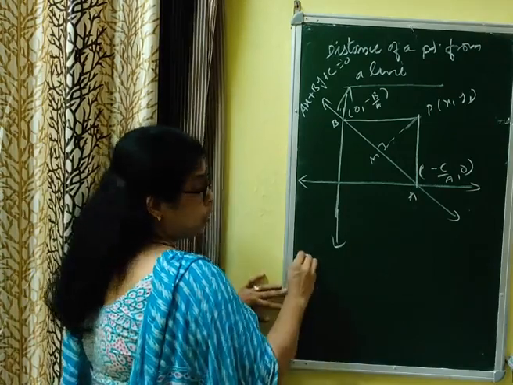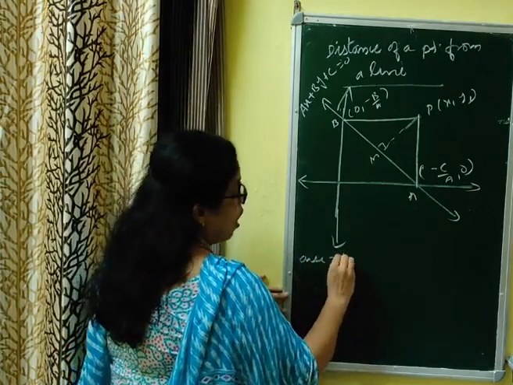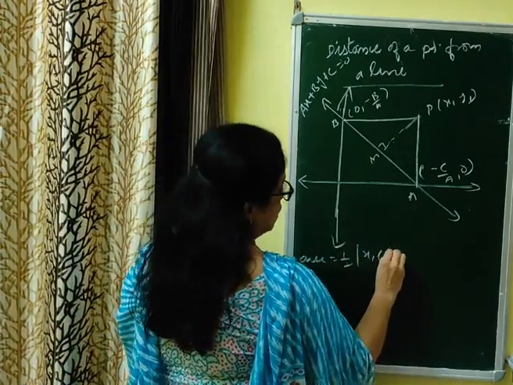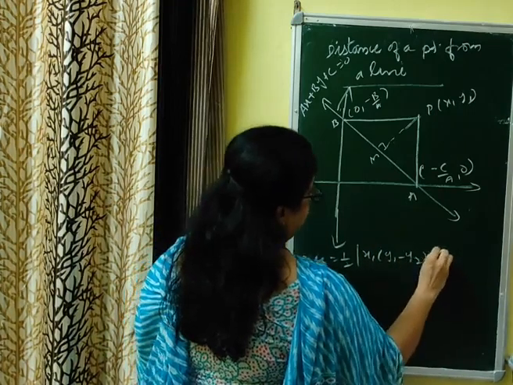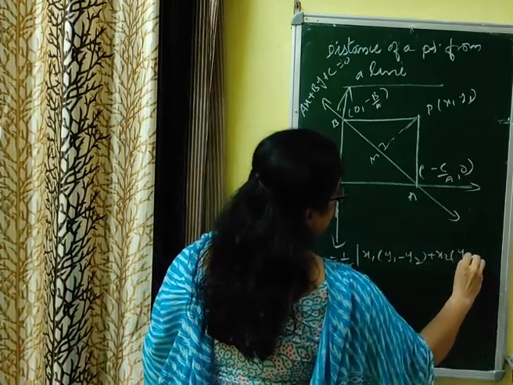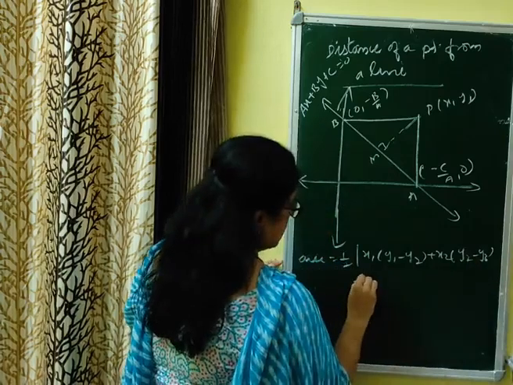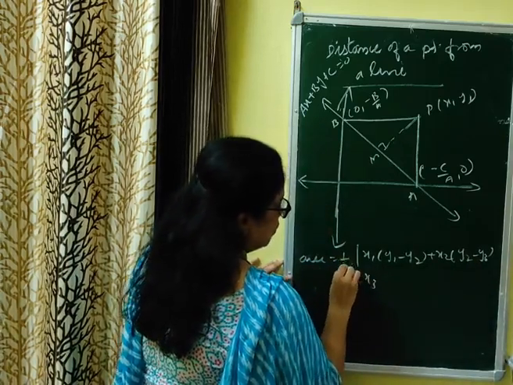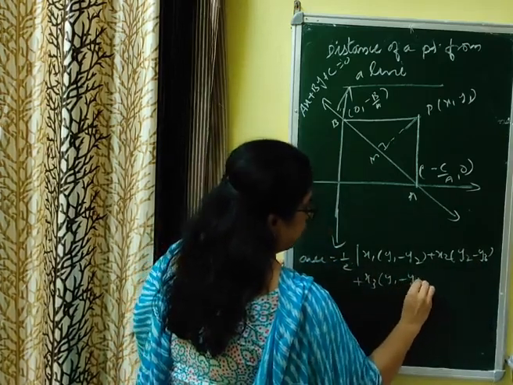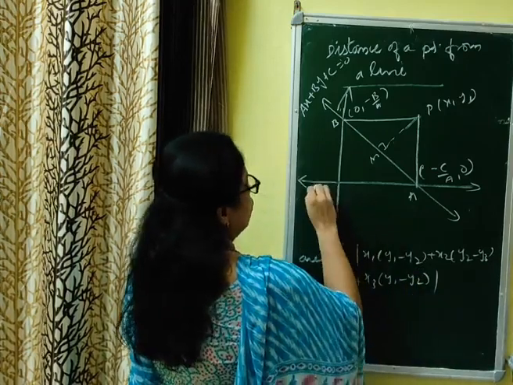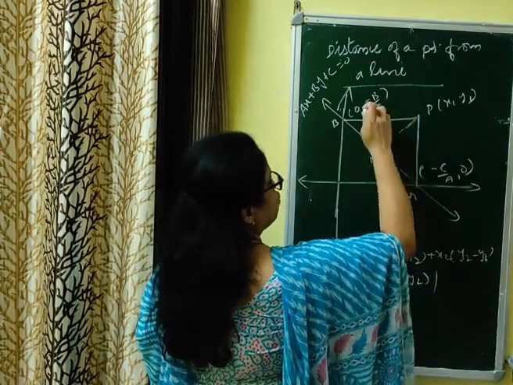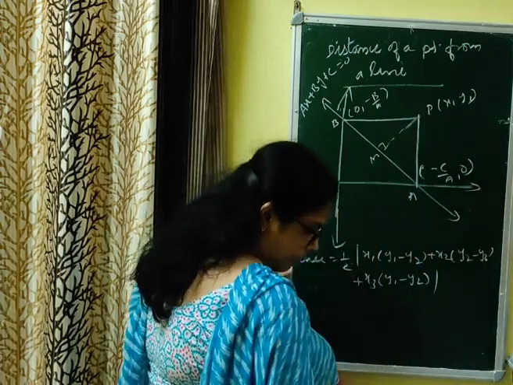Area, you can find using the formula: area equal to half mod x1 into y1 minus y2 plus x2 into y2 minus y3 plus x3 into y1 minus y2, which you studied in class 10. Put the values in this. This is the origin, this is x1 y1, x2 y2. You can take it in any way that you want.